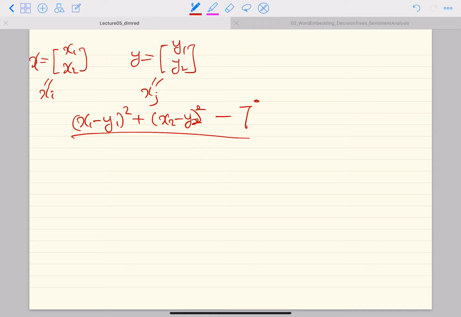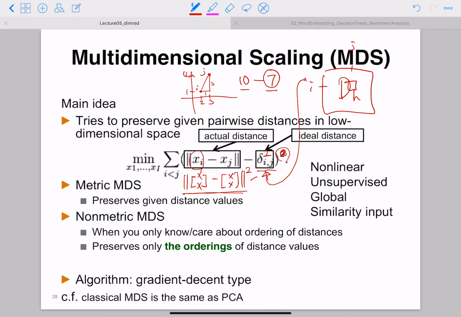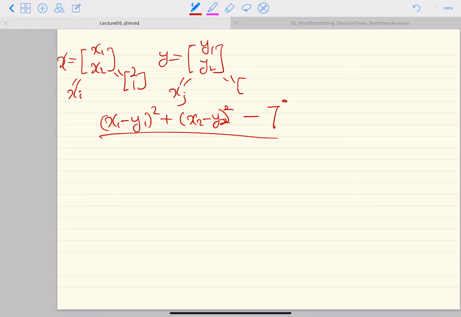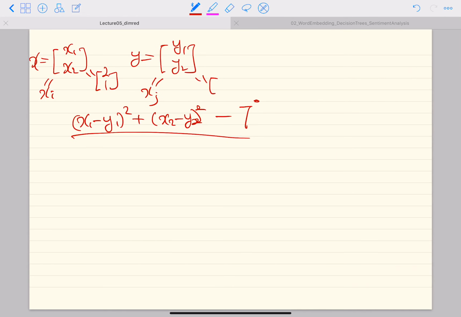And then we can easily compute the partial gradient with respect to x1. What is the current value? It is (2, 1), and this one is currently (3, 4). So it is easy to compute the gradient.